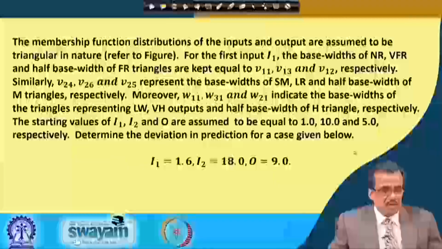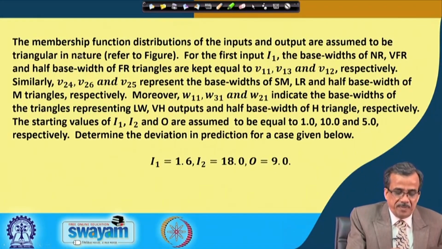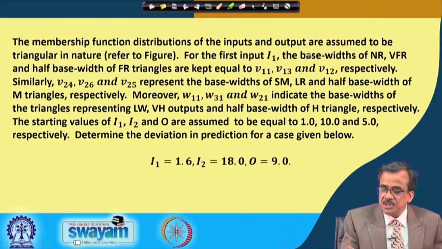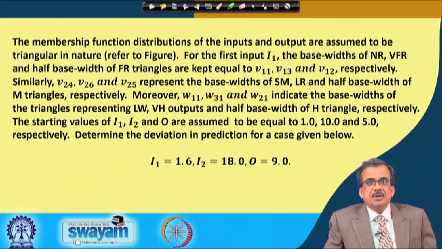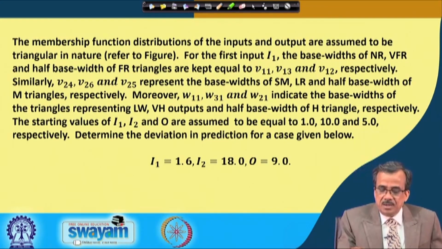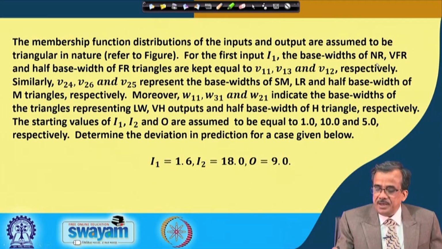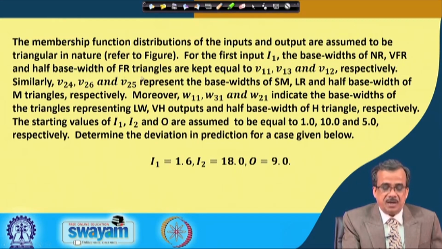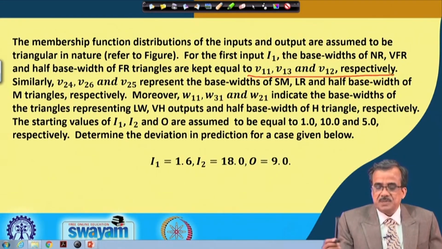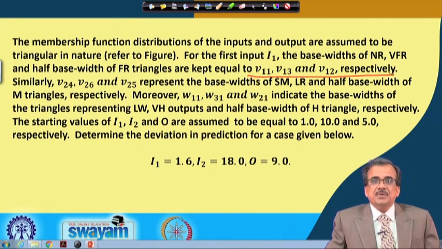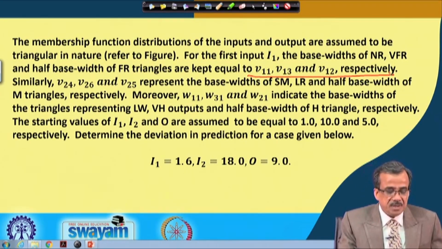In this particular network, the membership function distributions of the inputs and the outputs are assumed to be triangular in nature, and here the base width of near, very far and half base width of far triangle are kept equal to V11, then comes V13 and V12 respectively for the first input, that is I1.